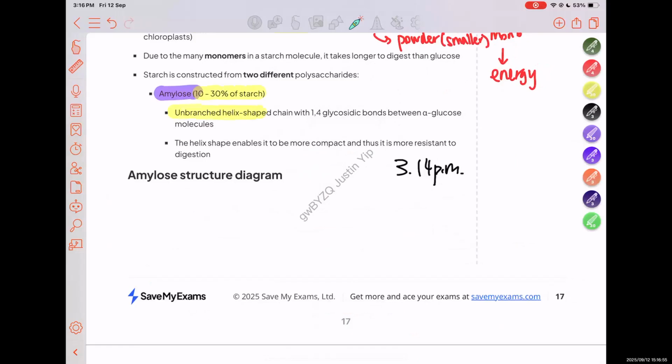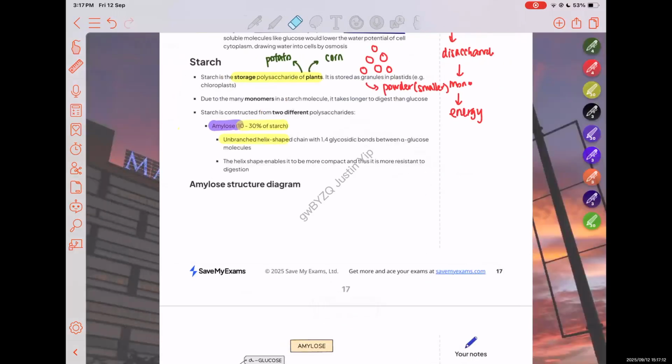This causes them to be more compact and more resistant to digestion. Because you don't want to digest so fast, or else you will keep on eating. If you digest the starch too fast, maybe 30 minutes or 1 hour after lunch you feel hungry again. We don't want this to happen, or else we will overeat.